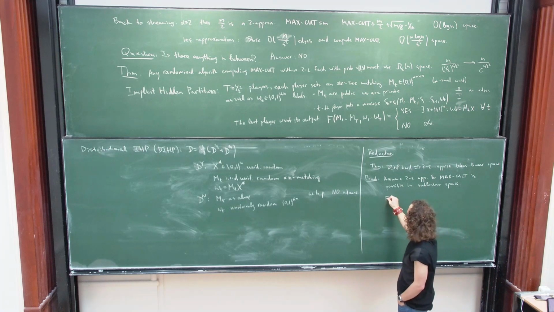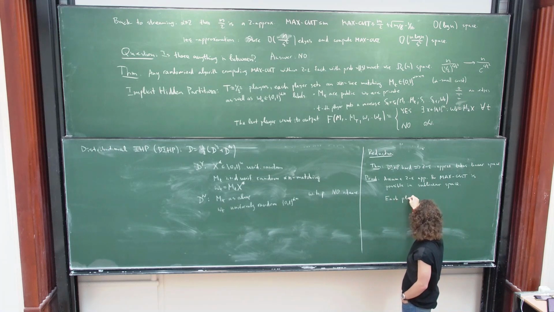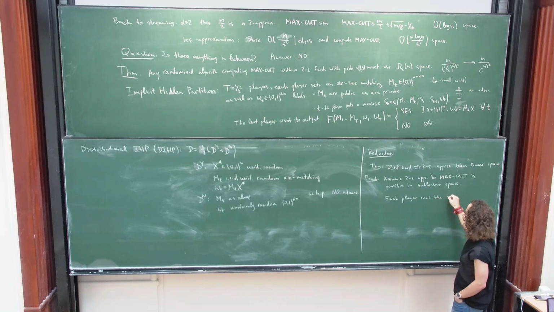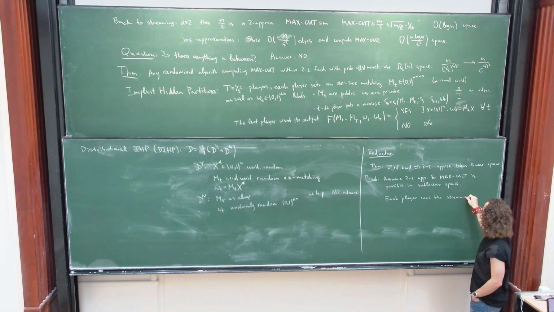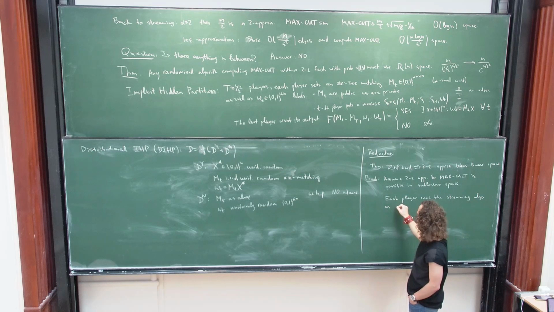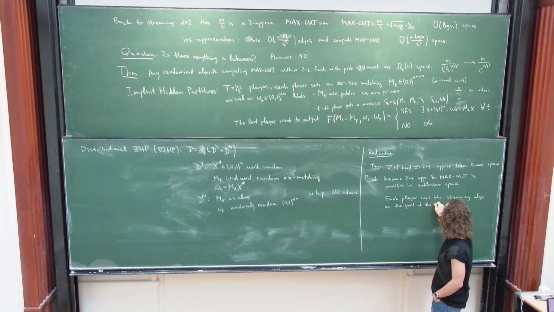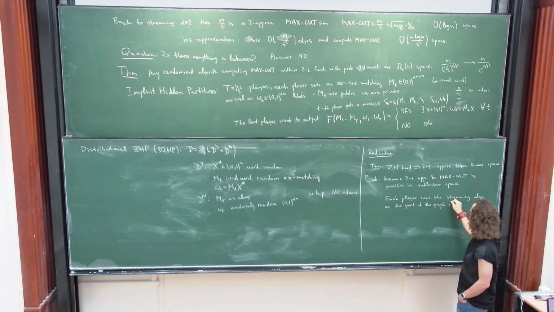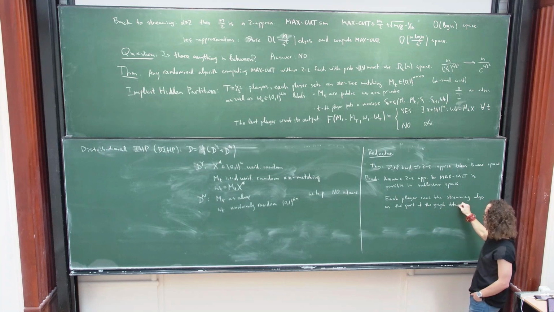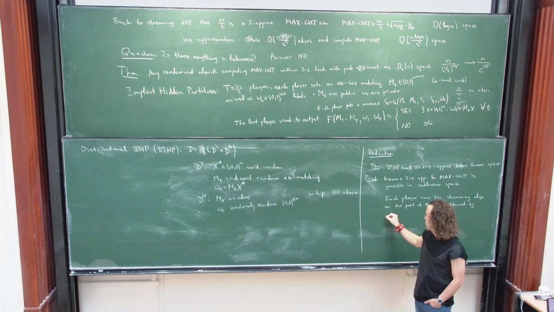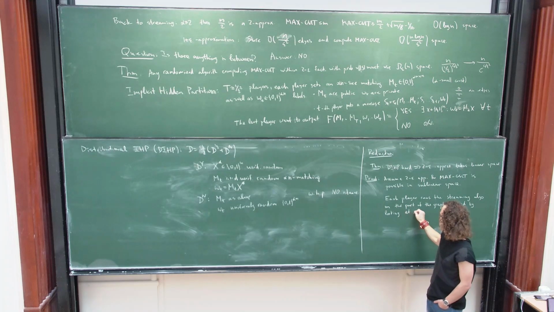So each player runs the streaming algorithm on the part of the graph obtained by looking at edges with label 1.